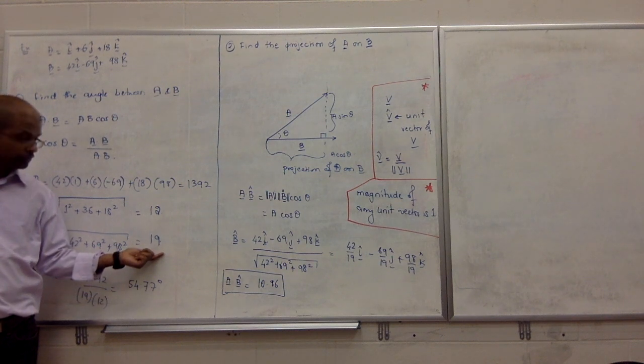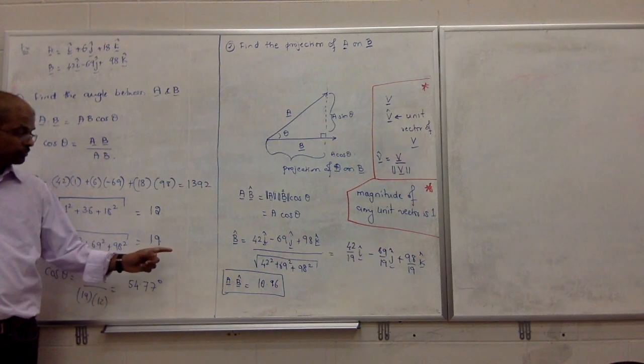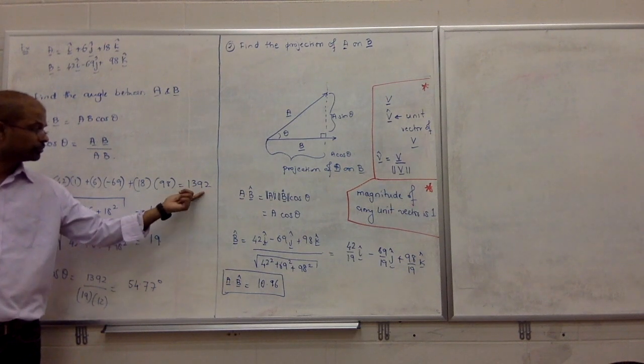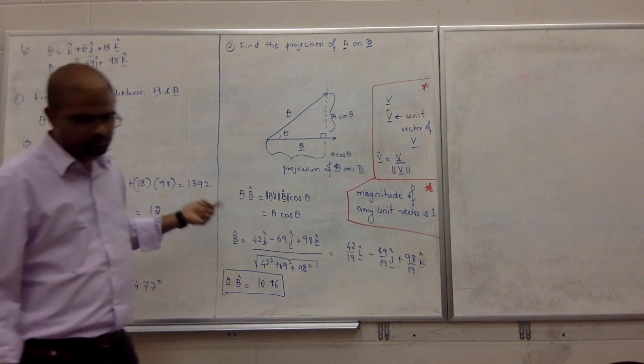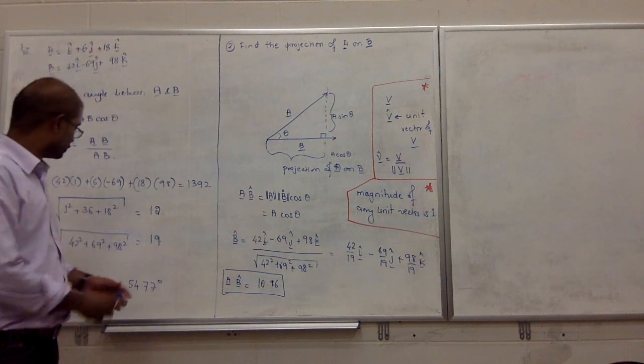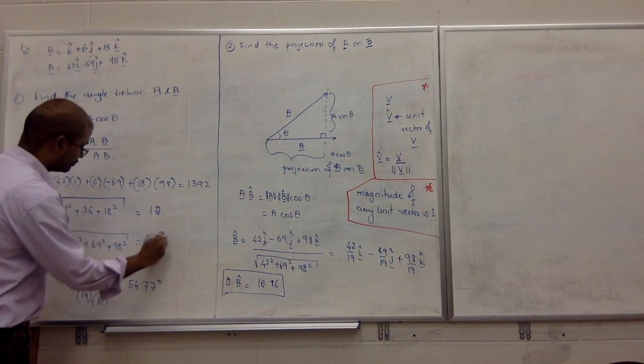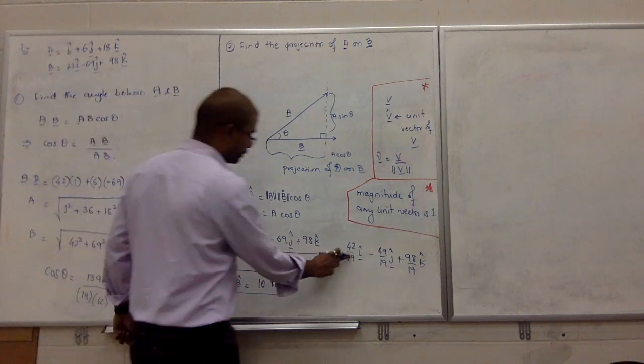You got 127? Yes, sir. For B, instead of 19, I got 127. For the magnitude. This one? Yeah. Did you get for A? Well, so you divide this by?